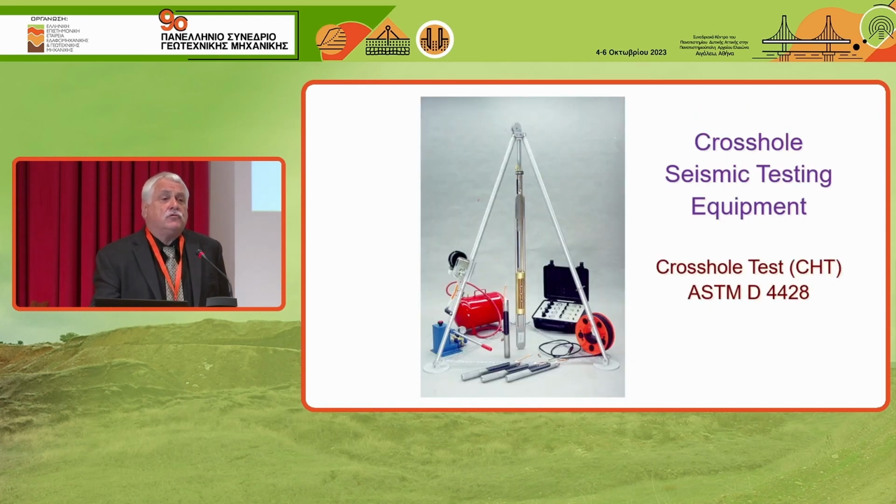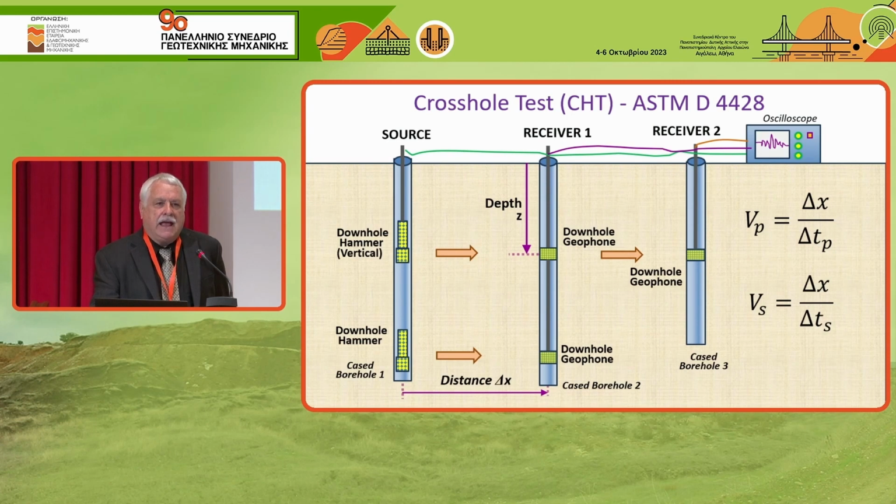So let's go through some of the methods in case you're not familiar. Some people, such as Professor Ken Stokoe, University of Texas at Austin, consider this the gold standard: cross-hole seismic testing, ASTM D4428. We have a downhole hammer system. The preferred method is 3 cased boreholes with depth.